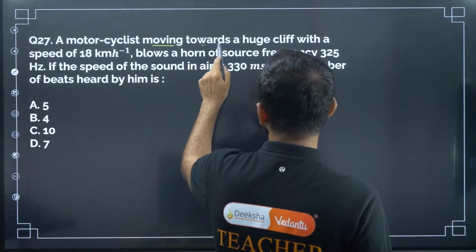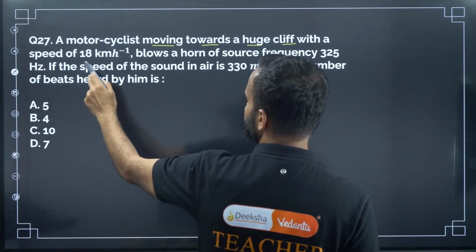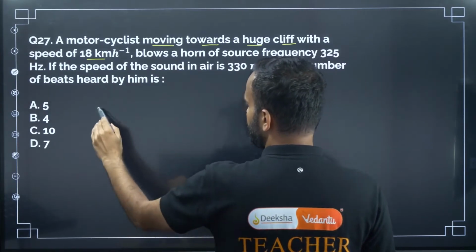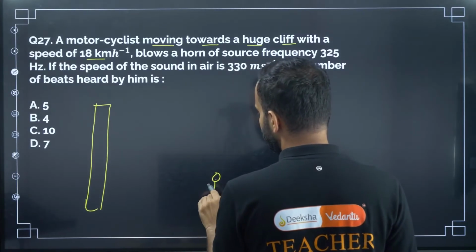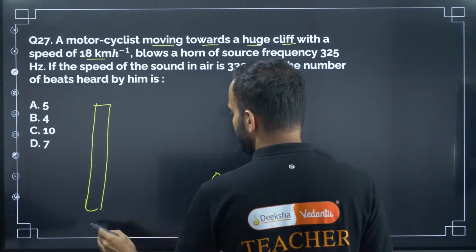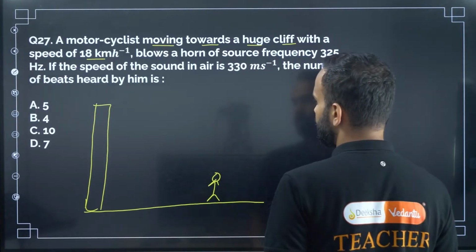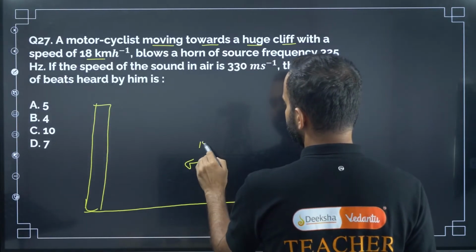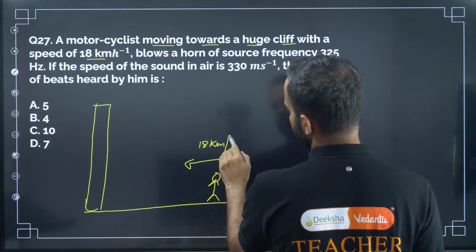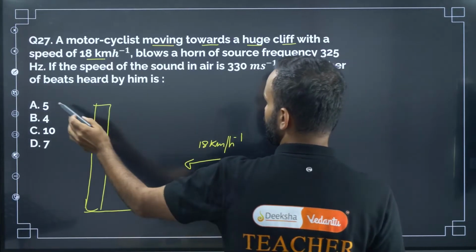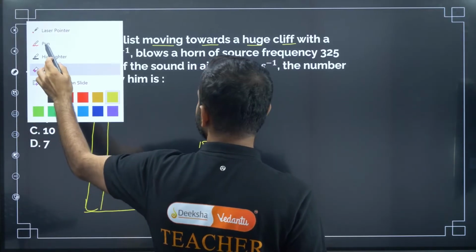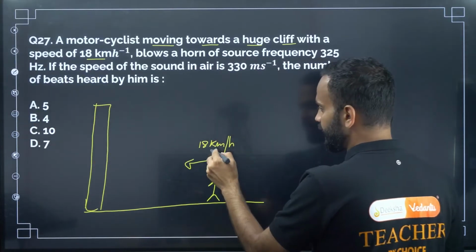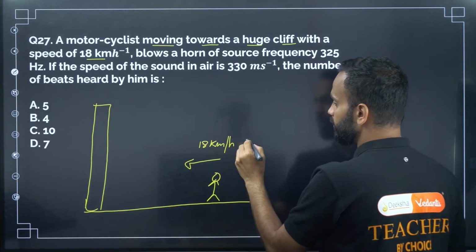Question number 27. A motorcyclist moving towards a huge cliff with a speed of 18 km per hour. So this is the huge cliff, and the motorcyclist is moving towards it. What is the value of 18 km per hour in meter per second?